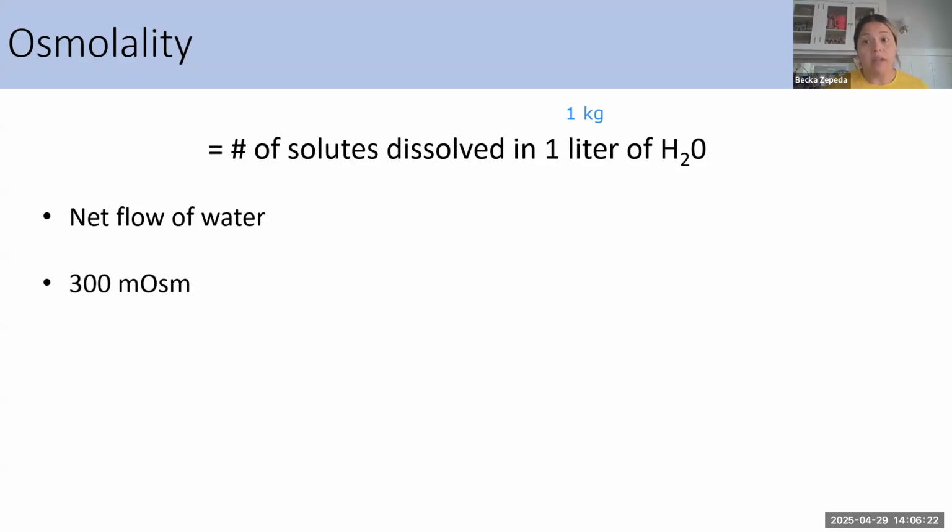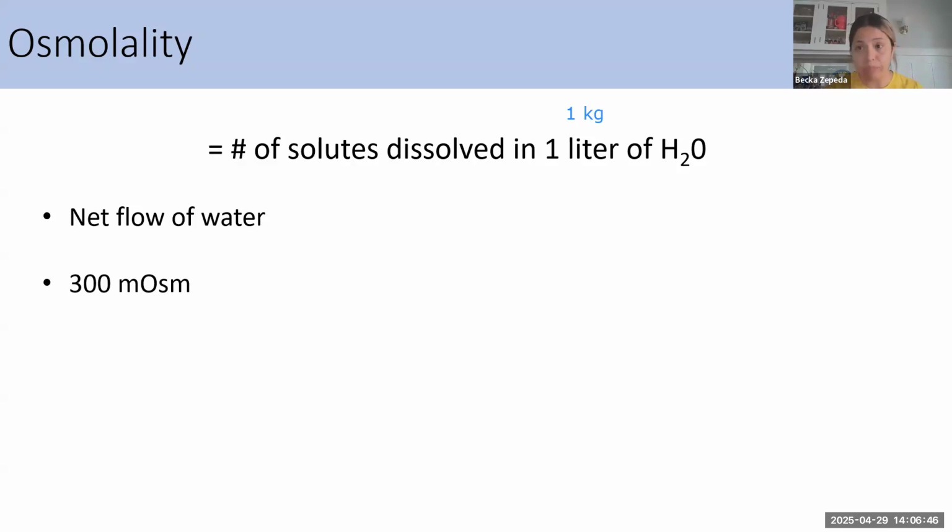One thing you should know is the osmolality. We talked about how inside the cell, sodium is 12 milliequivalents, sorry, and then potassium is 140 milliequivalents. Well, if you add all of the solutes in the intracellular fluid, it's going to equal 300 milliosmoles. Same thing for the interstitial fluid.